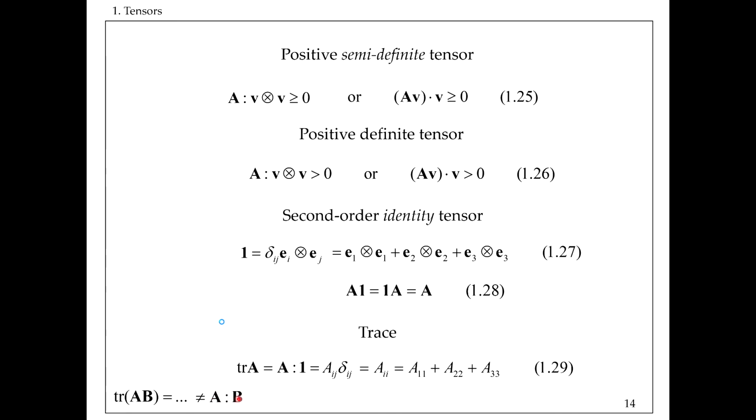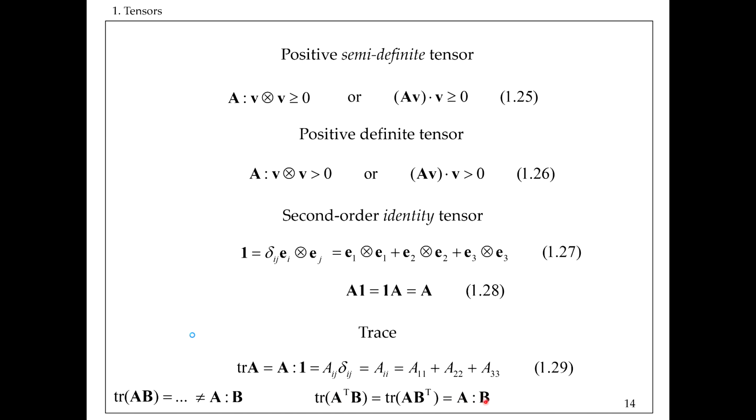There's one little trick that we need to change in this relationship to make it right. It can be shown that we need to transpose either B here or A here, and then that will be represented as a double dot contraction.